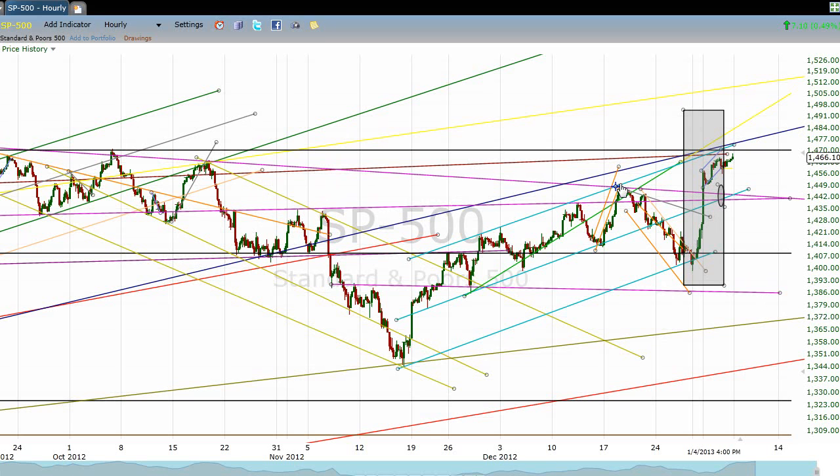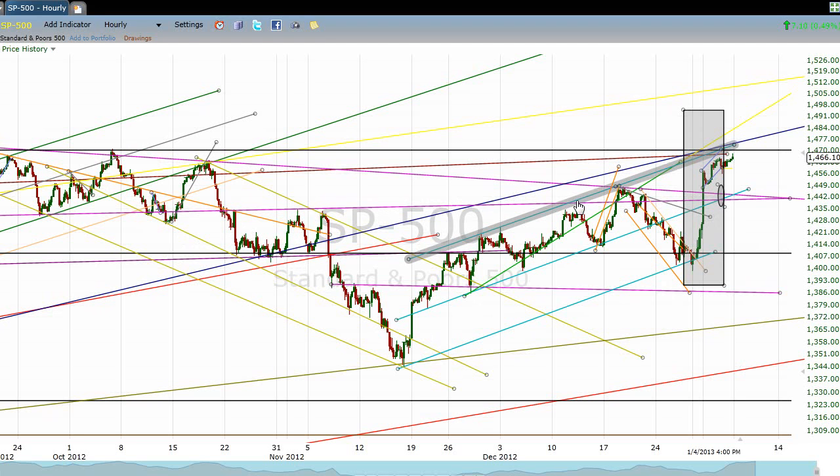What doesn't make sense is the fact that it looks like we made a false breakout there in the middle of December. If you look over here on the left side of this, the left shoulder of this smaller inverted head and shoulders, and I'm talking about the one that runs from the 22nd until the first of the year, we had a double dip left shoulder, kind of an interesting head here.